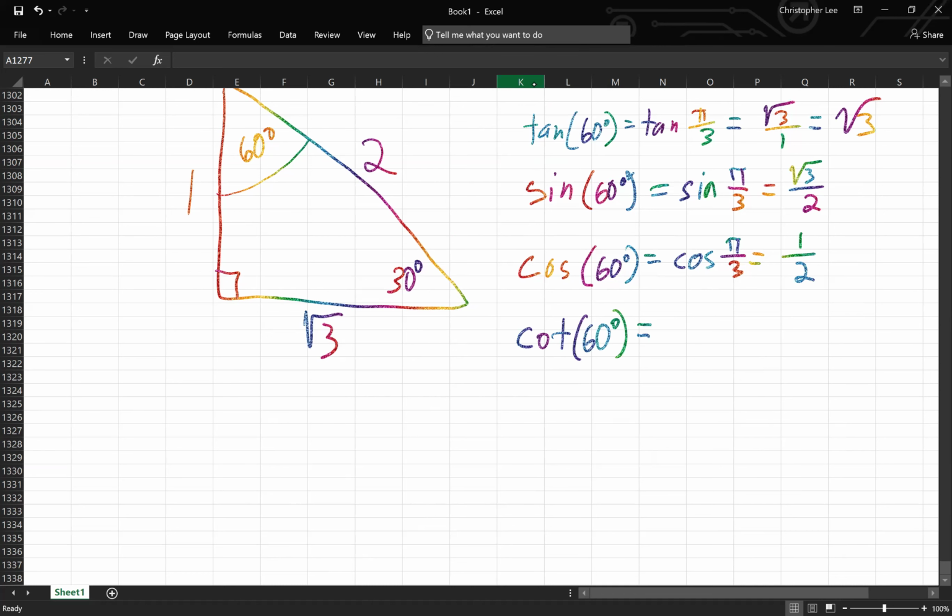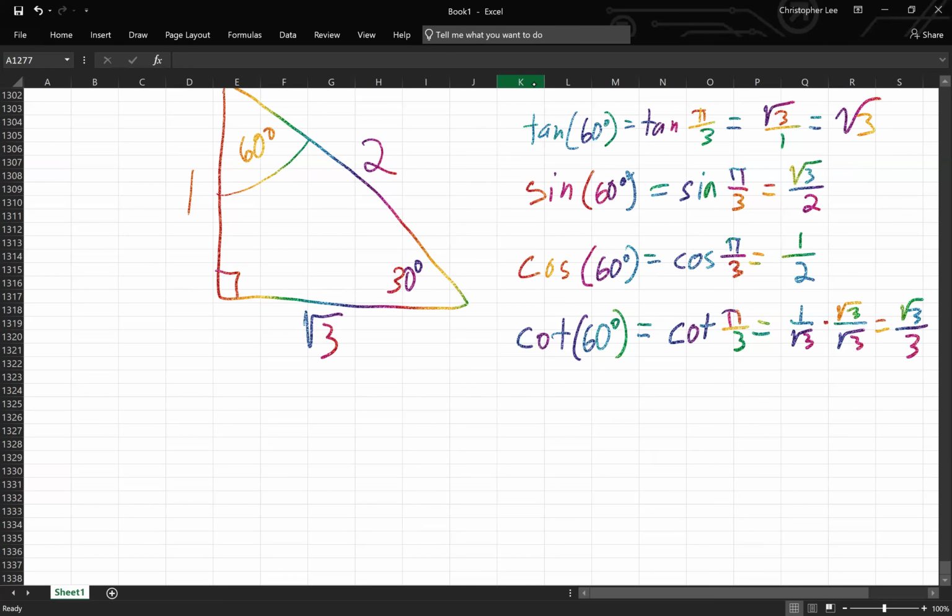We know that's going to be cotan of pi over 3. All we're going to do is take our answer, flip it. This is going to be 1 over square root 3. But remember, it's illegal for me to have radicals in my denominator. Rationalize it. Square root 3 over square root 3. Final answer, square root 3 over 3.